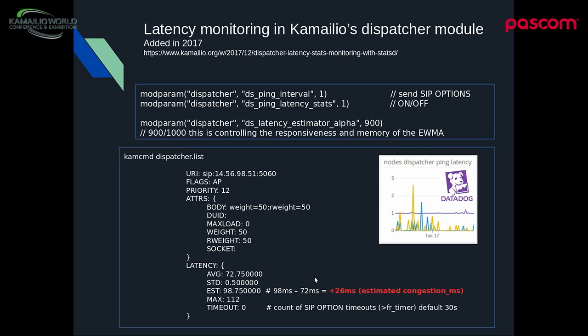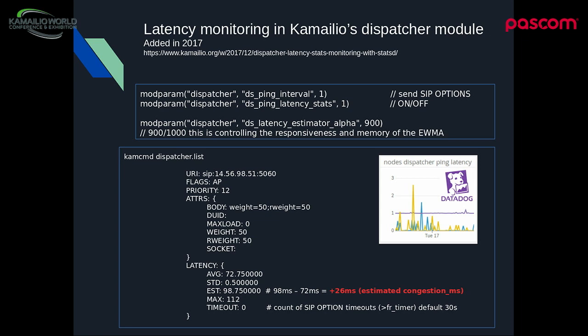So in this fictive example in red, you can see what the estimated congestion is in milliseconds. Mainly, it's the average since the server started. This is the best information we have on how this gateway is supposed to respond in terms of latency. In this case, it was 72 milliseconds on average.